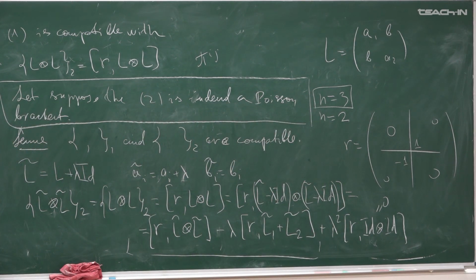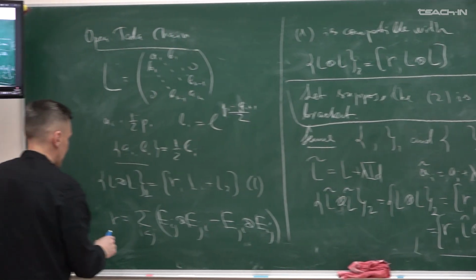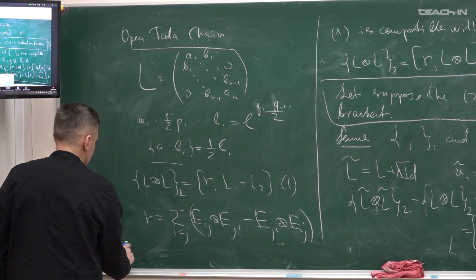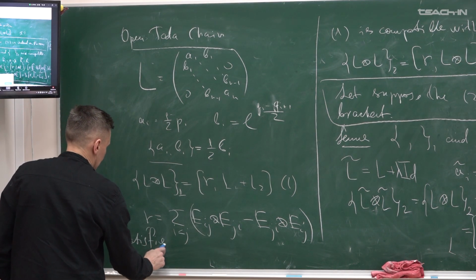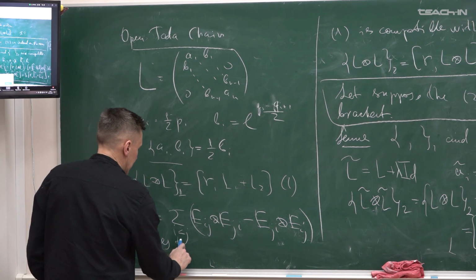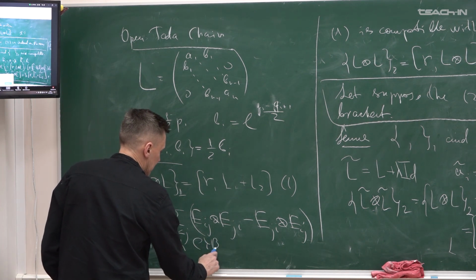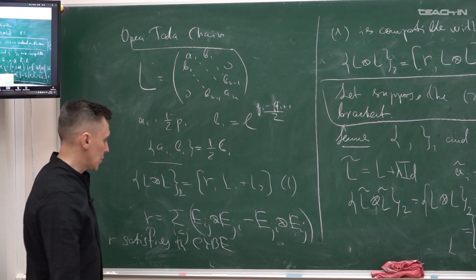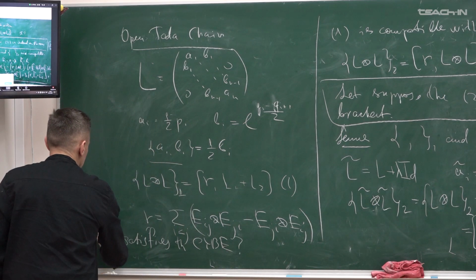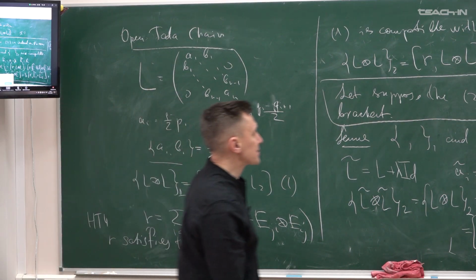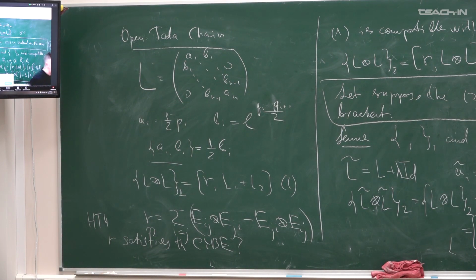Some auxiliary question, I'm not sure, but it's quite probable that this R satisfies the classical Yang-Baxter equation. Do you remember what it is? It's a question, and it is home task 4.